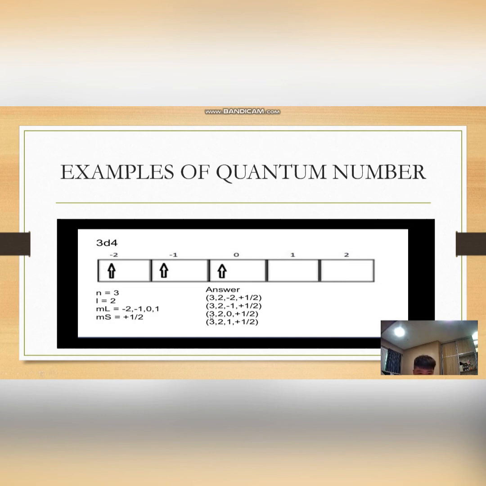The third answer is 3, 2, 0, and positive half. And the fourth answer is 3, 2, 1, and positive half. These are the examples in photos. 5 orbitals.